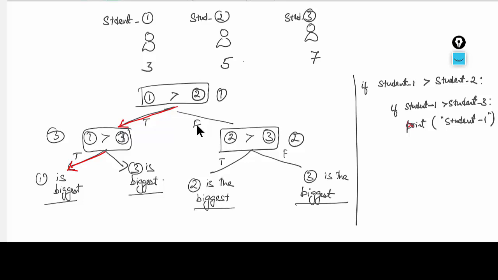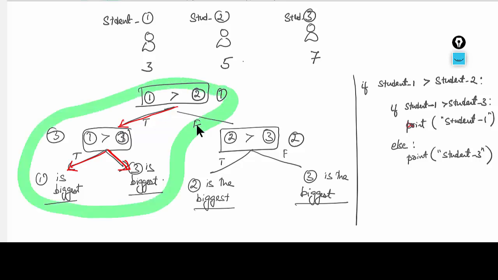So in this case, there are two possibilities. Else, okay, else meaning we are looking at this path. Else print student underscore 3 is the older one. Okay, so we have covered this part. Now we are going to look at this part. So else, and then underneath that we have to do another check.